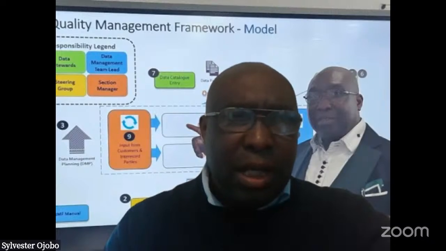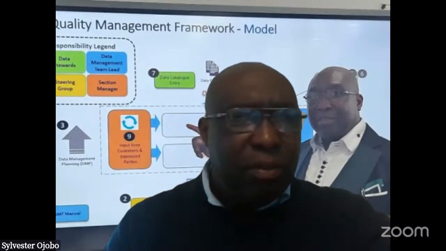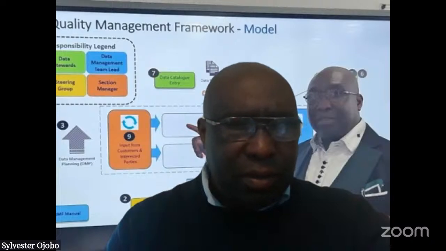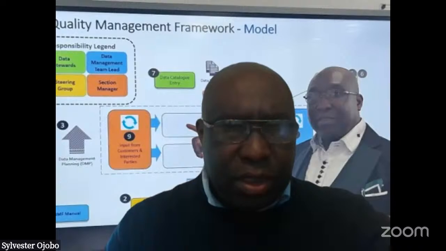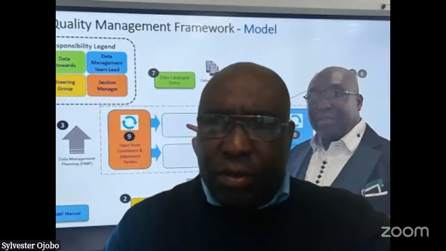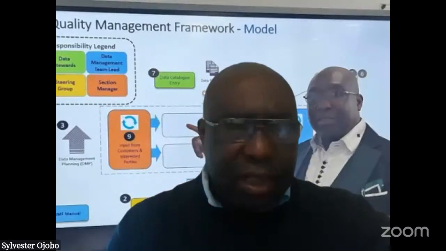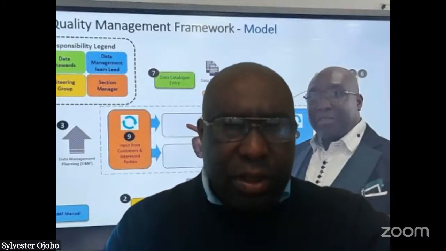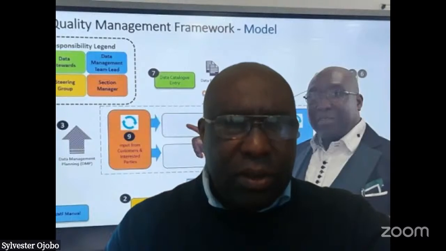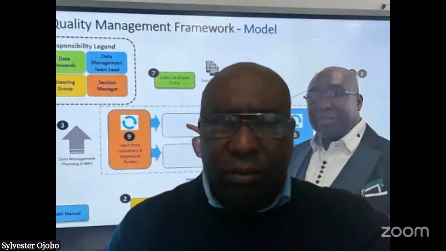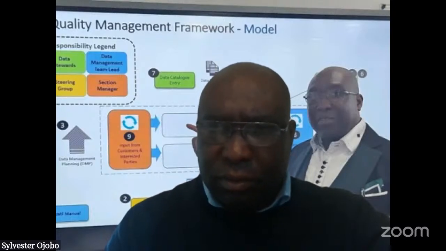Is that to define objectives, assign roles, create policies, implement tools and monitor the processes? That's good. You mentioned tools, isn't it? Then what did you say again? To define objectives and assign roles. That's correct. In a team, create policies, implement tools, and monitor processes.